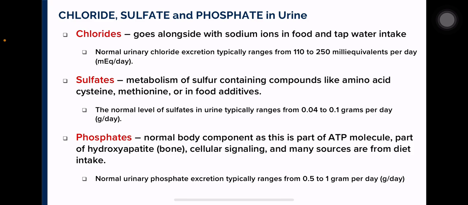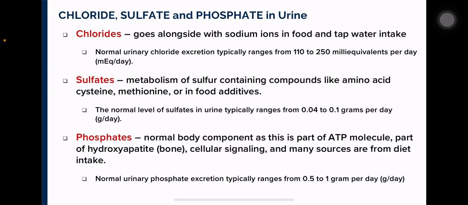Next we have your chloride, sulfate, and phosphate in the urine. These are normal inorganic constituents. Chlorides reflect sodium intake. The normal reference range varies from 110 to 250 milliequivalents per day. Sulfates are the end product of sulfur-containing amino acids.